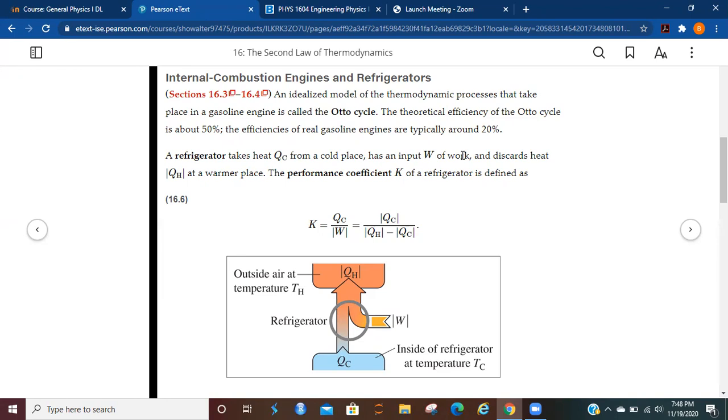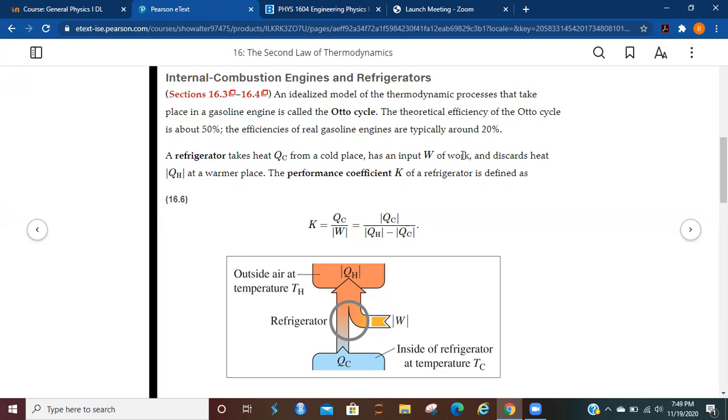In 16.4, we're going to see that a refrigerator is going to act differently from the heat engine that we looked at earlier, where it takes heat, Q sub C, from a cold place and has an input of work and then discards the heat in a warmer place.